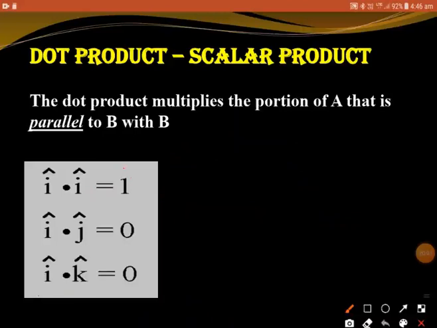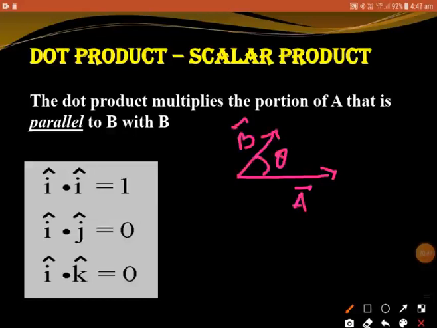Suppose you take this as the vector a, and this as the vector b, and the smaller angle between them is this. Then a vector dot b vector, this is dot, not cross, will be equal to the magnitude of a, magnitude of b, cosine of the smaller angle.